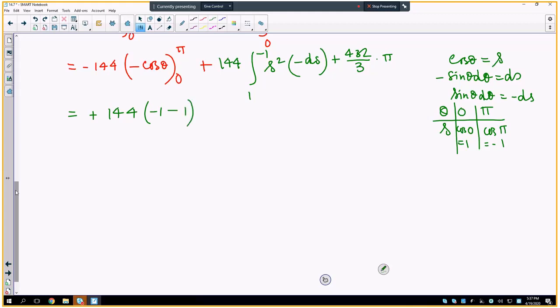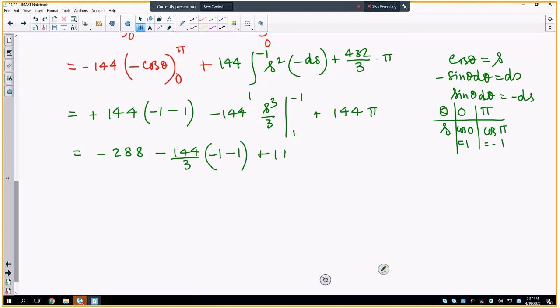And then you get minus 144 s to the power 3 over 3, limits are 1 and negative 1, plus 144 pi. So I get minus 288, and then I get minus 144 over 3, and negative 1 to the power 3 is negative 1, 1 to the power 3 is 1, plus 144 pi.